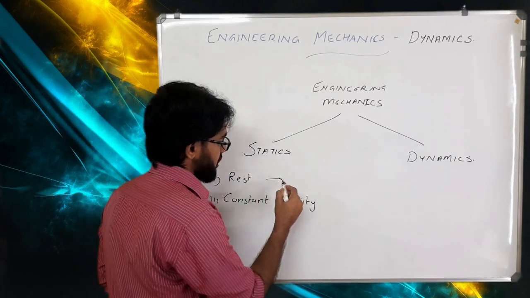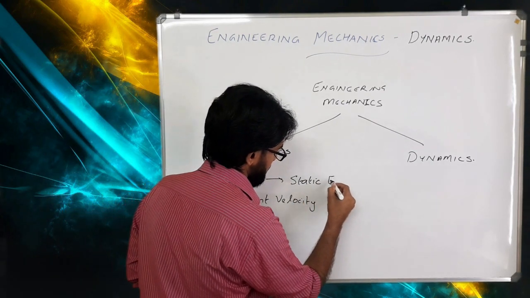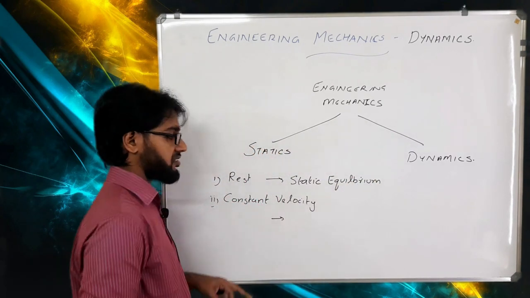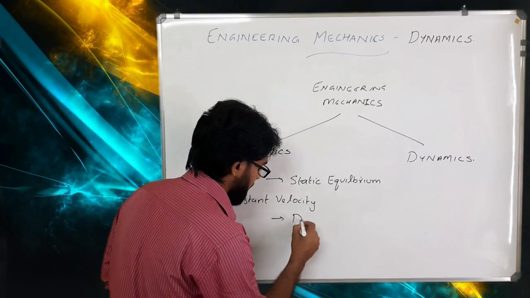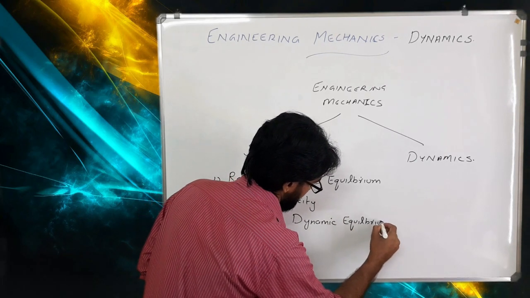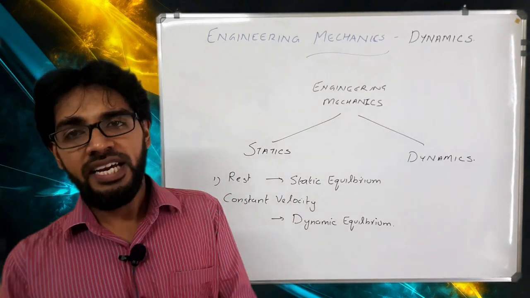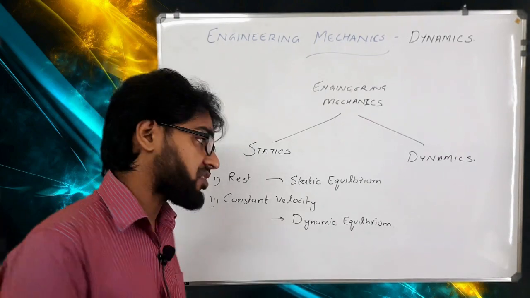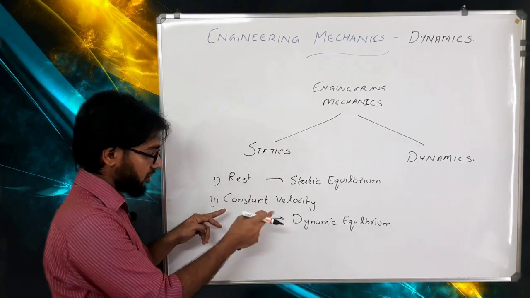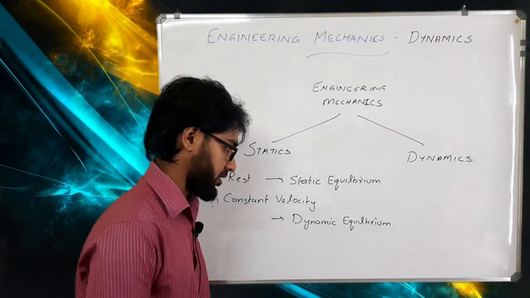Conveniently, the equilibrium of bodies that are at rest is called static equilibrium, and equilibrium of bodies that are at constant velocity is termed dynamic equilibrium. So when we hear the word statics, don't get confused that it involves only the study of bodies that are at rest. No, it involves both bodies that are at rest as well as bodies that are moving at constant velocity.